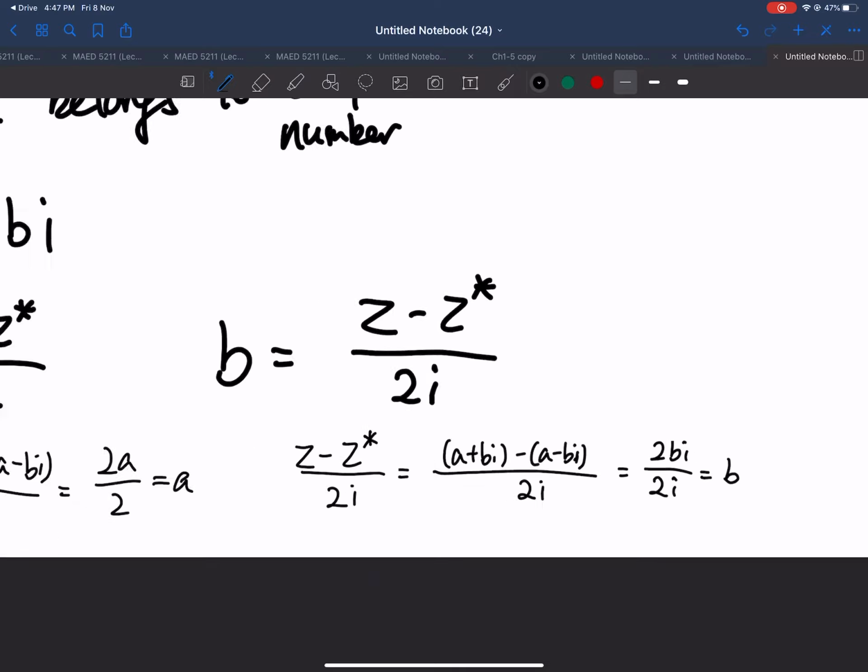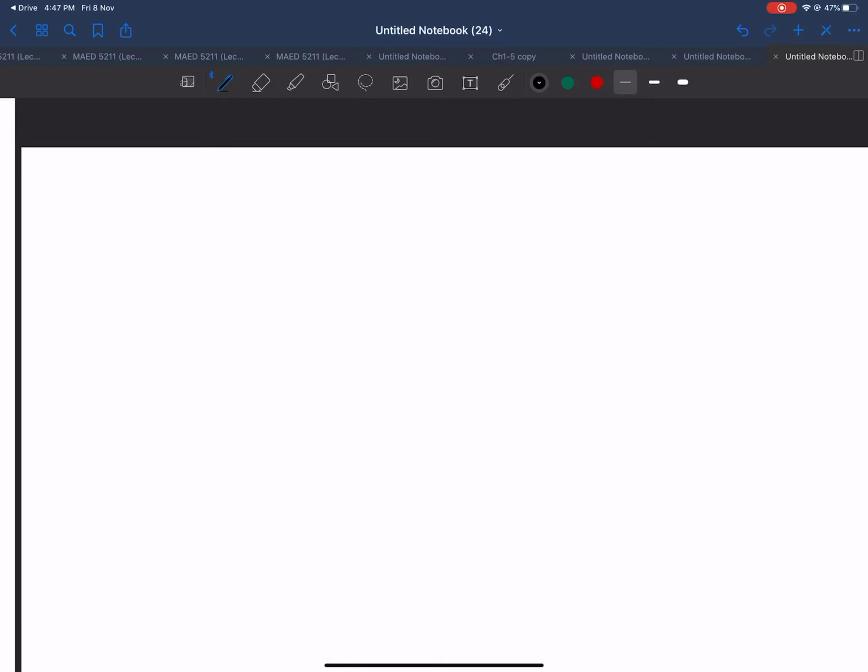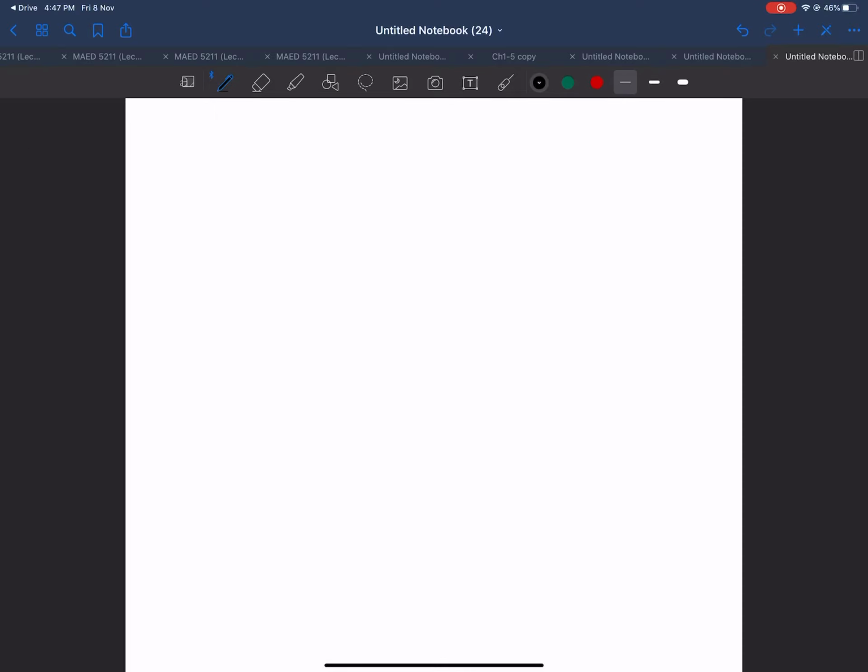Now next page. So Z equals A plus Bi. Always. Just a symbol. Okay. Oh, it's actually easy.